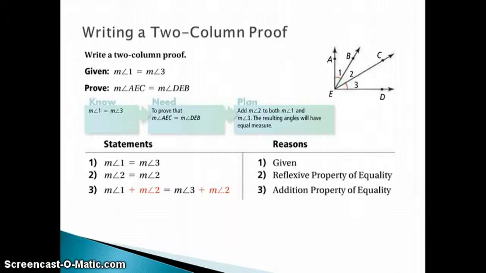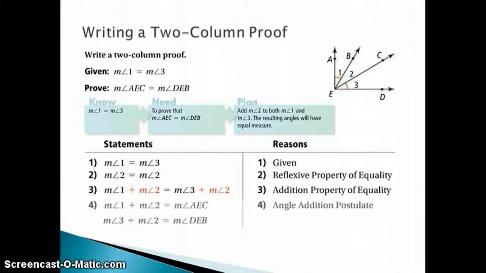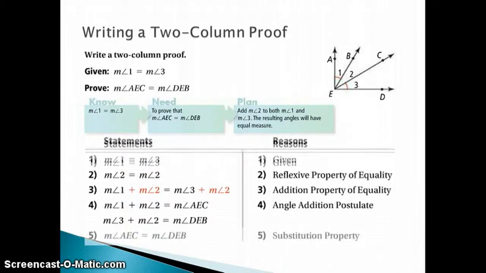Then the angle addition postulate says 1 plus 2 equals the whole thing, 3 plus 2 equals the whole thing. Well, part of the whole thing: the AEC and the DEB. And then the last part is measurement of AEC equals measurement of DEB because all these have been proven true.